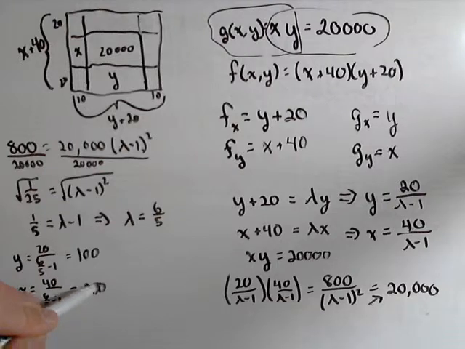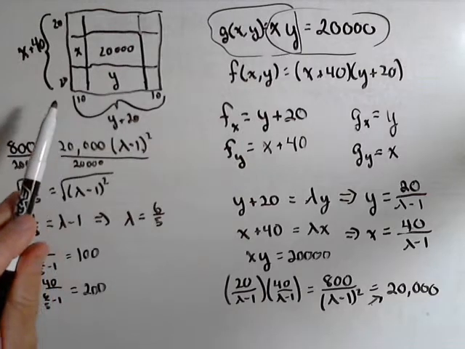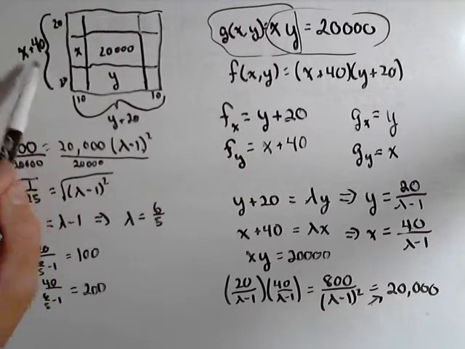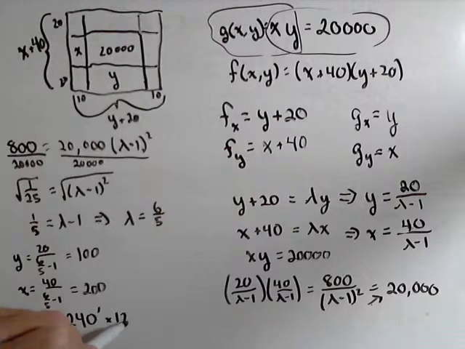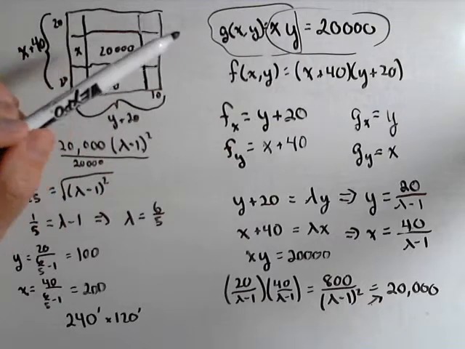This is going to be 200. So those are the x and y that we need to use. Now remember we had to add 40 to x and 20 to y. So the dimensions of the minimum are going to be 240 feet by 120 feet. So those are going to be the dimensions of the smallest area that fits. Now, what we've done is we've minimized the area f of x, y.